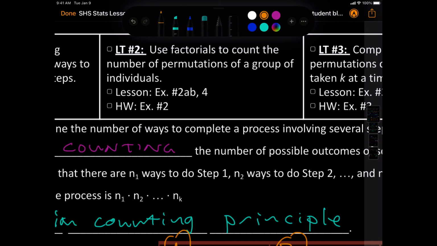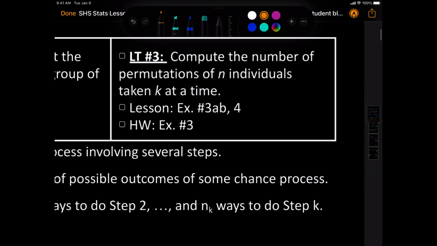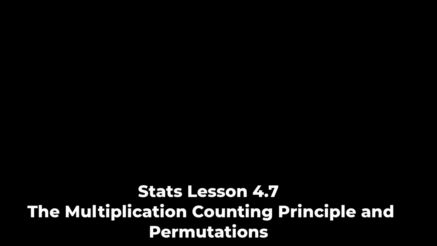Factorial just basically means counting down from that number down to 1. And then target number 3, compute the number of permutations of n individuals taking k at a time. This is the nPk. This is saying, if you have 18 flavors, you're not going to have a big old sundae with 18 scoops of ice cream. Maybe Dontrell only wants 3 scoops, so that means you only have 3 blanks. And that's lesson 4.7. We'll see you guys.